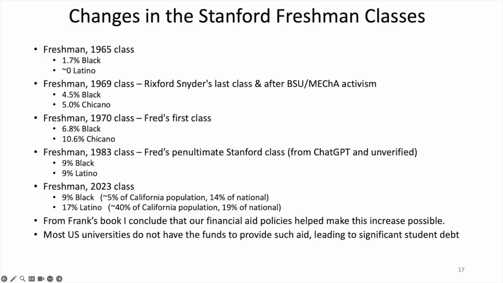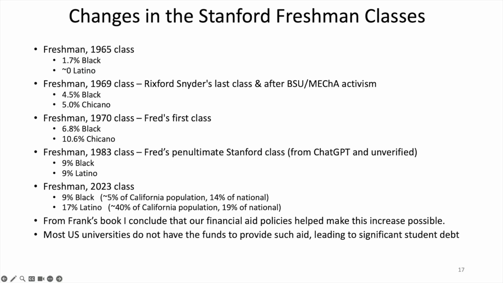You can see, to give a benchmark, in 1965, the freshman class was 1.7% Black and essentially 0 Latino. There were a few Chicano students. In response to the BSU and the MECHA demands in the spring of '67, and to the Chicano student recruiting, which was critically important, Rixford Snyder's last class was 4.5% Black and 5% Chicano.